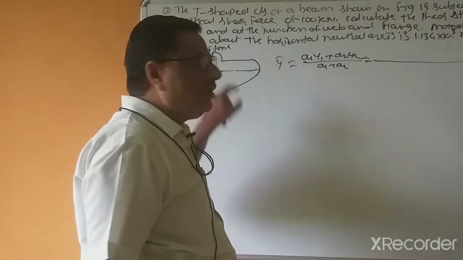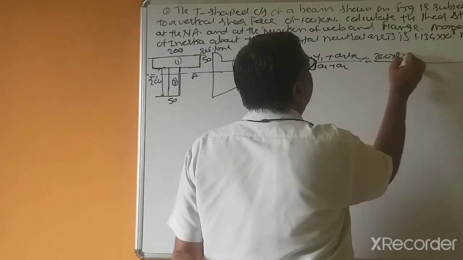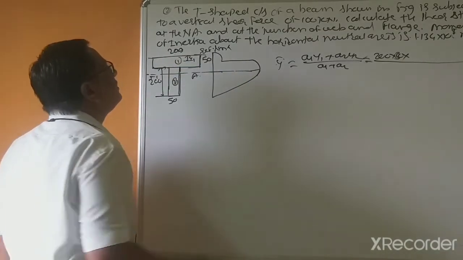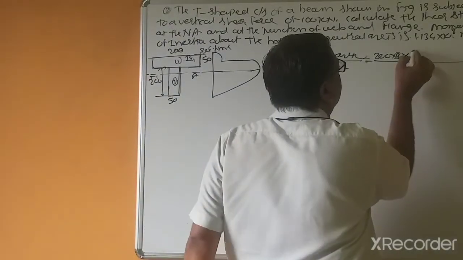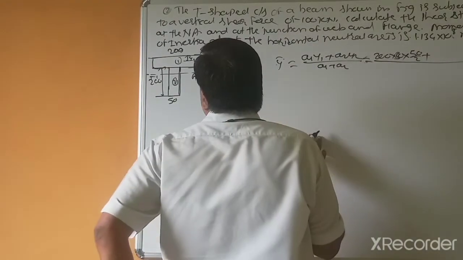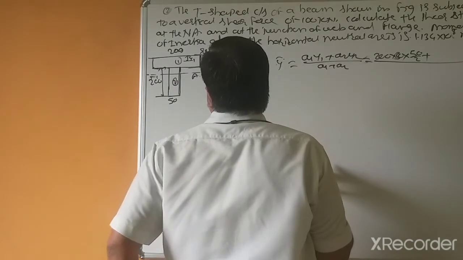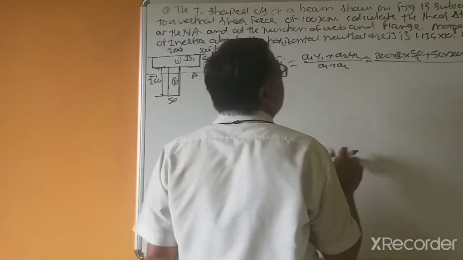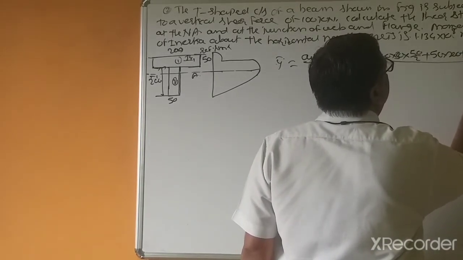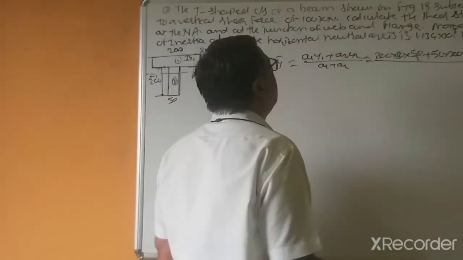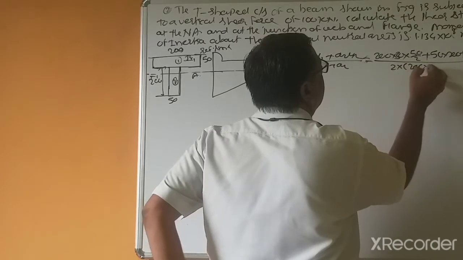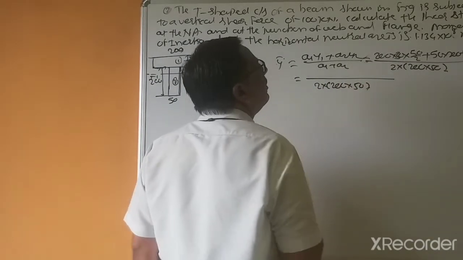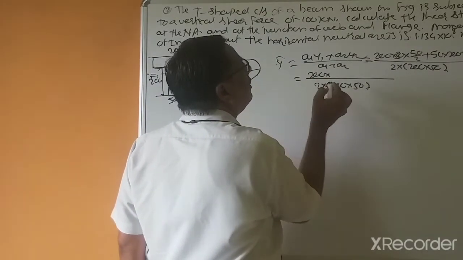First area is 200 multiplied by 50, times y1, the distance from the reference line, 50 divided by 2, plus A2 equals 50 into 200, times 50 plus 200 divided by 2, and this is divided by 200 into 50 plus 50 into 200.